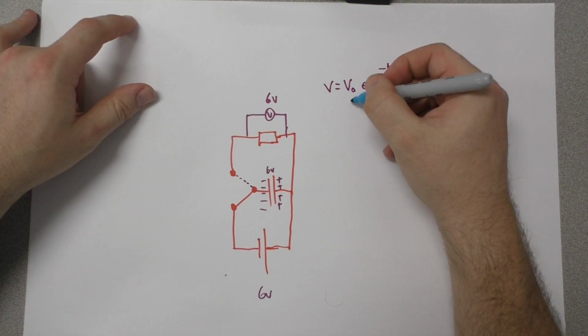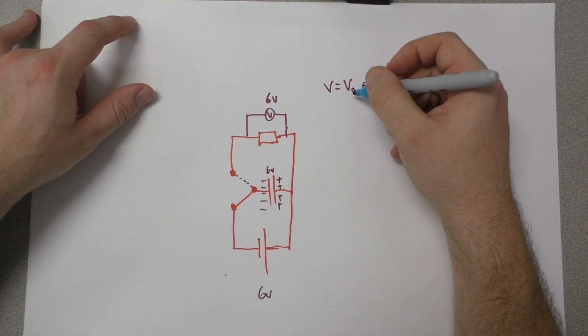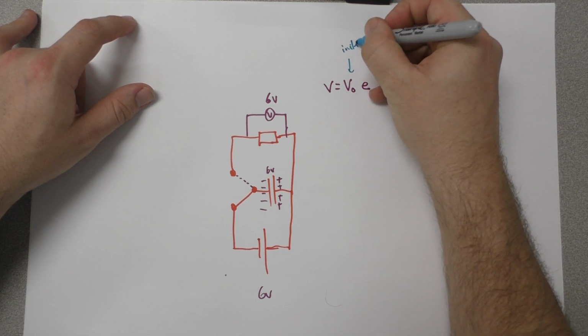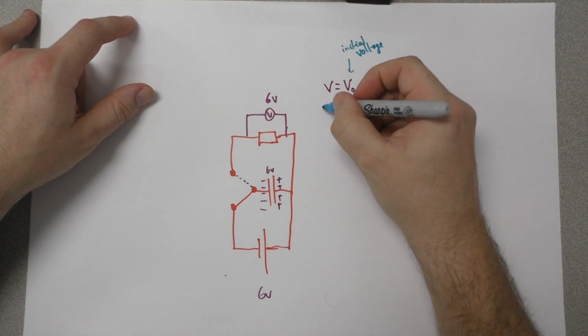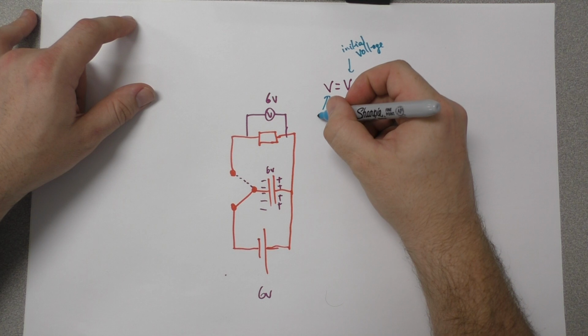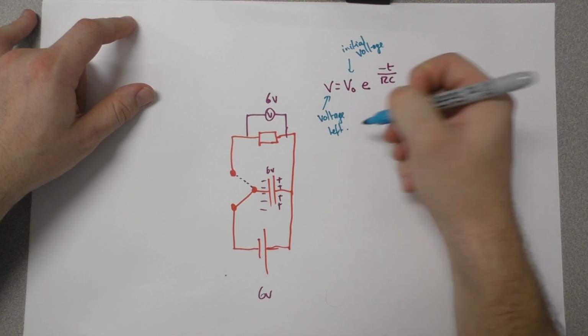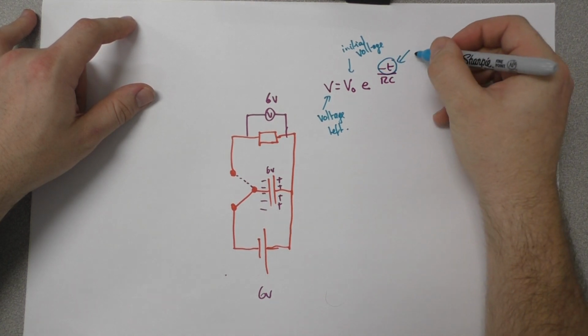So V naught is the V at naught, so the initial voltage. And this is the voltage obtained, or the voltage left, after this time.